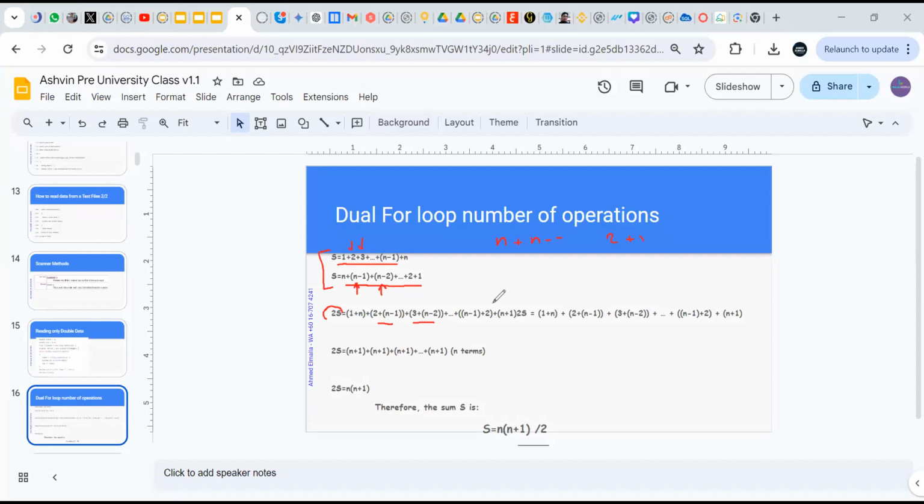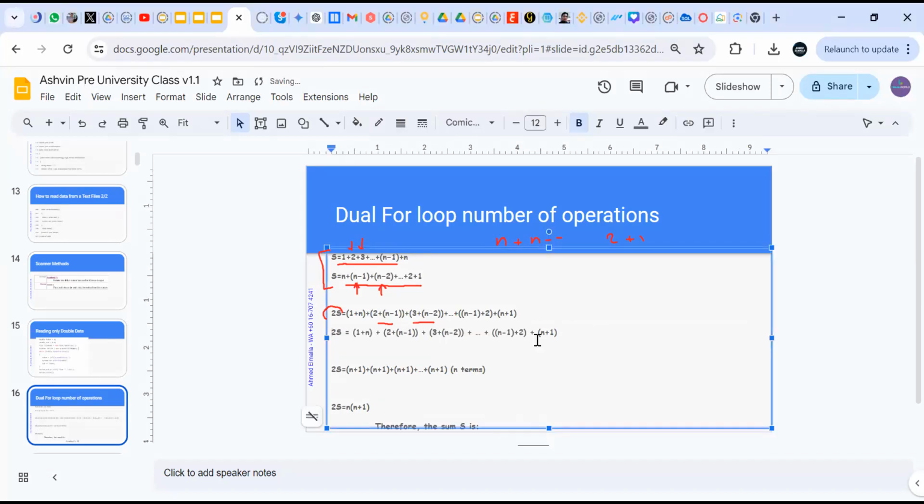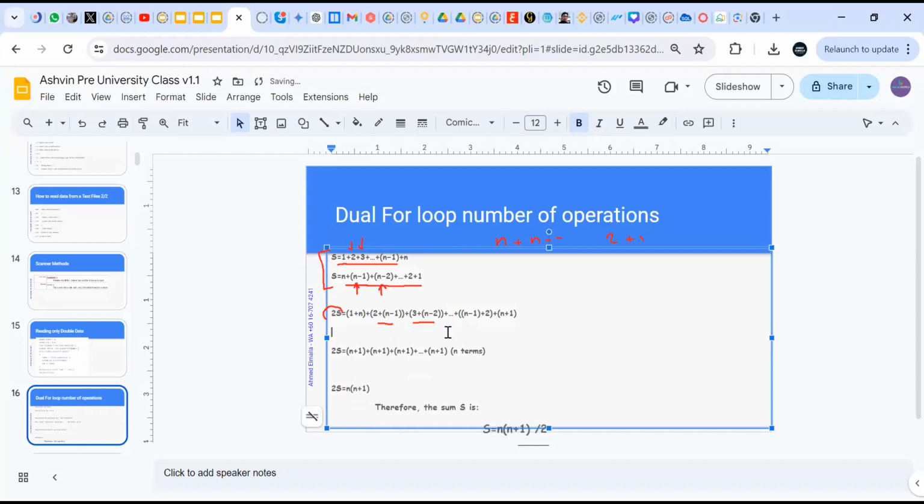Actually, let me see here. It should be something like that.